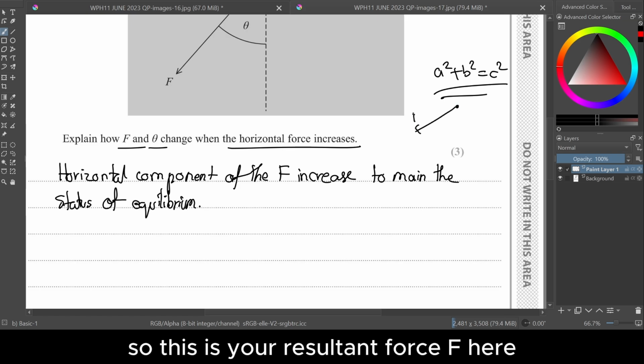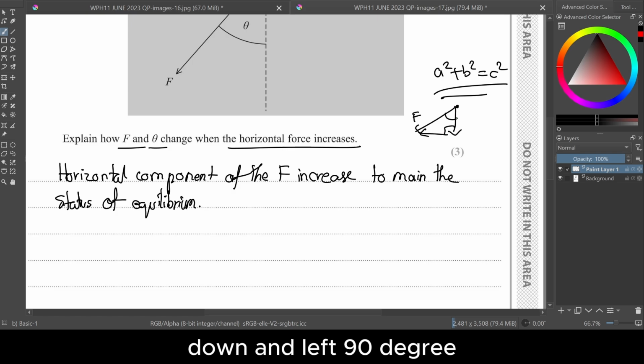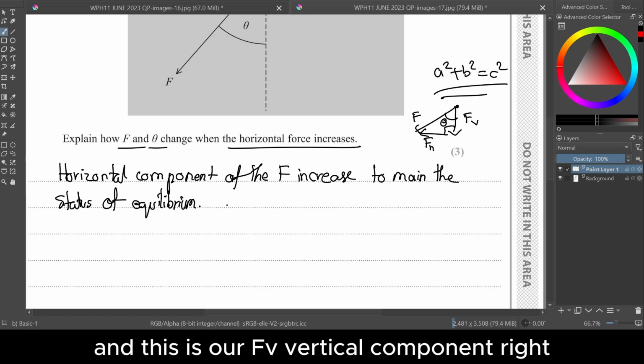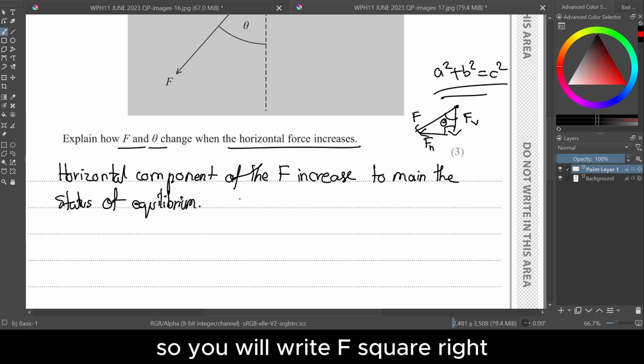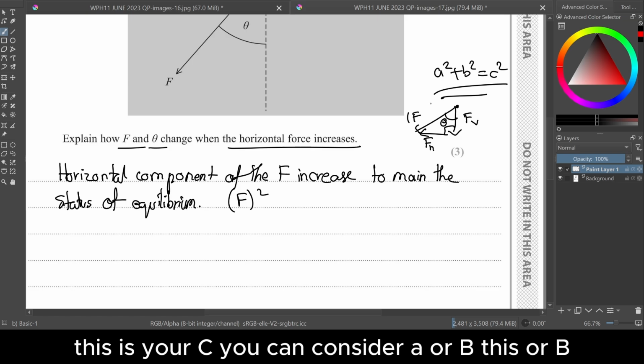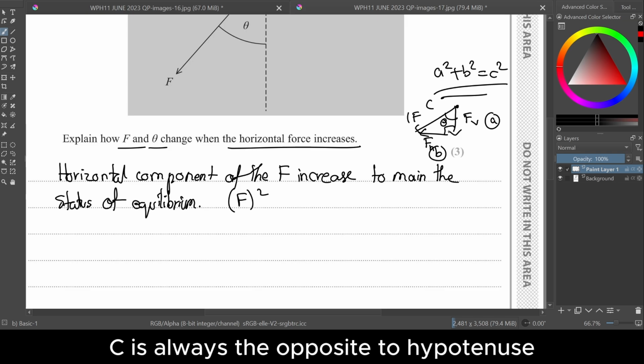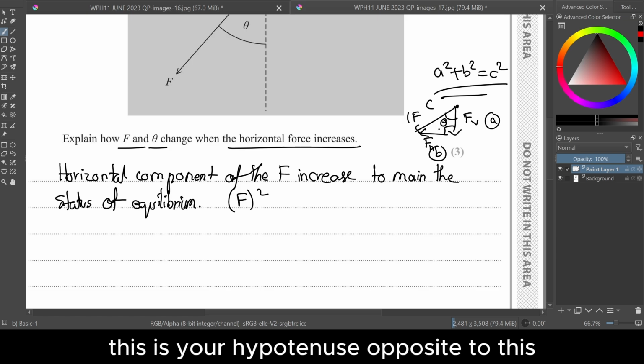So this is your resultant force F here, down and left 90 degrees, and theta here. So this is your FH horizontal component, and this is our FV vertical component, right? So you will write F square. This is your C. You can consider A or B this, or B A this. You can change A B, but don't change C. C is always the opposite to the hypotenuse.